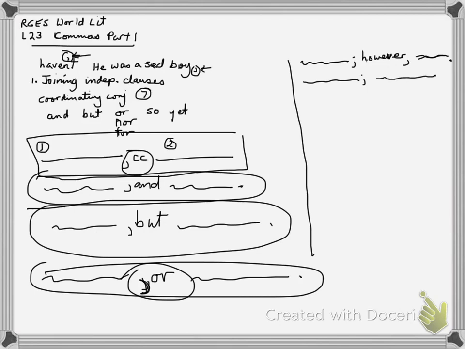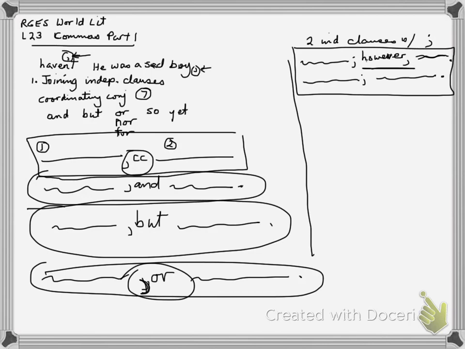So both these examples use the semicolon to join two independent clauses. One has a conjunctive adverb, and notice that will require a comma afterwards.